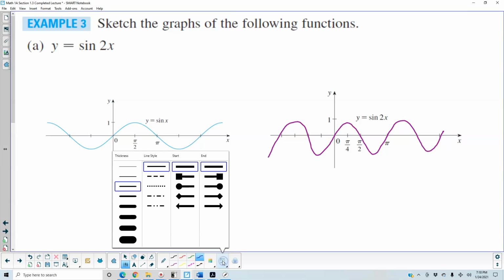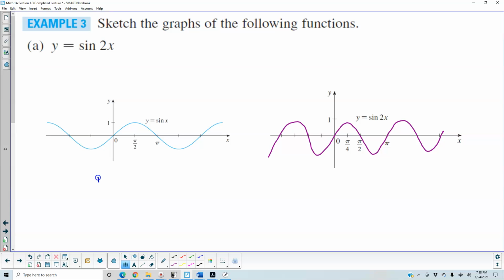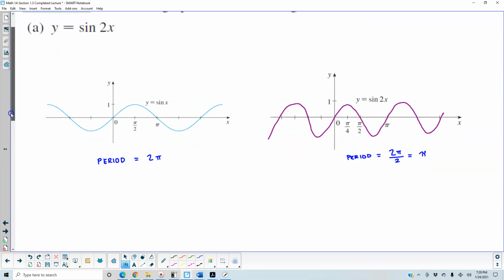If we investigate it a little further, the period for y equals the sine of x is equal to 2 pi, whereas the period for y equals sine of 2x is 2 pi divided by 2, which gives you pi. So the period for sine of 2x is going to be pi.